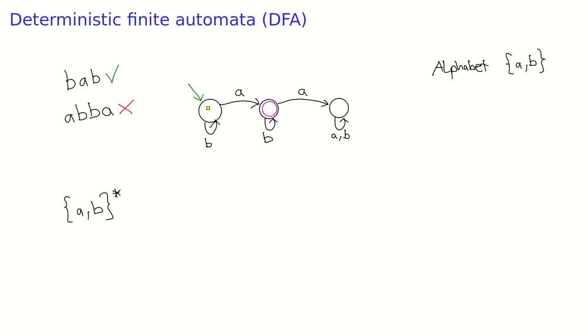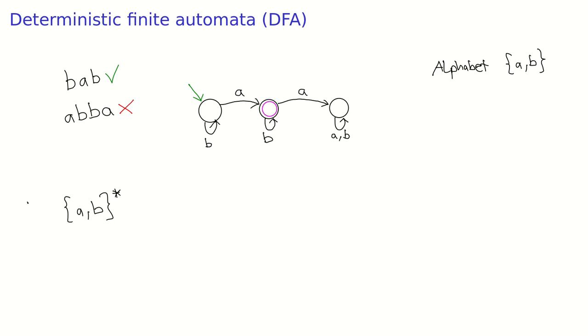And then some of them would get accepted and all others would get rejected. And in this way, this DFA or any DFA will define a formal language, namely the set of strings that gets accepted by this finite automaton.